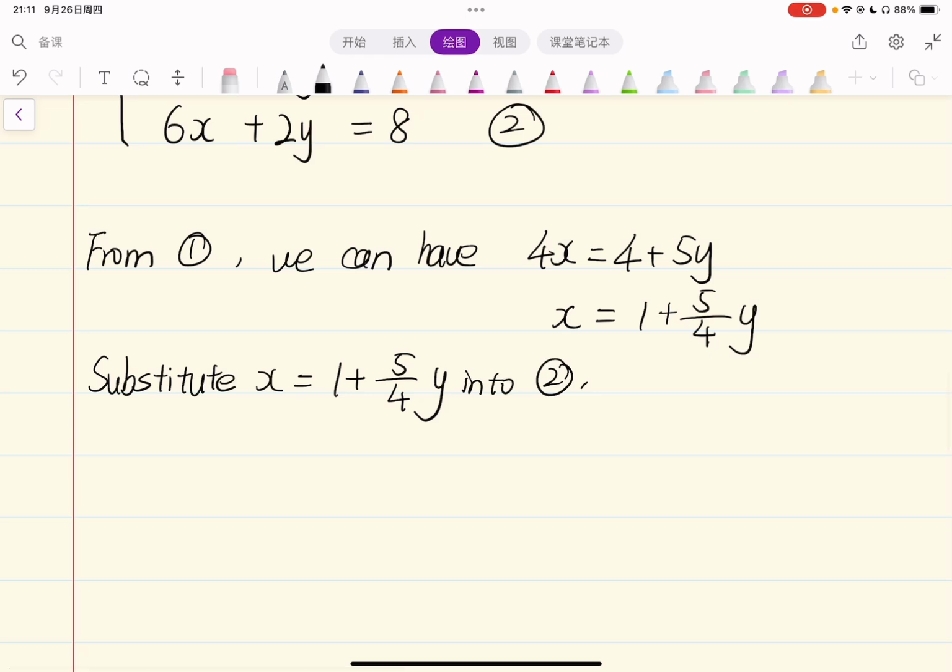What do we get? We get 6 times (1 plus 5 over 4 y) plus 2y equals 8.